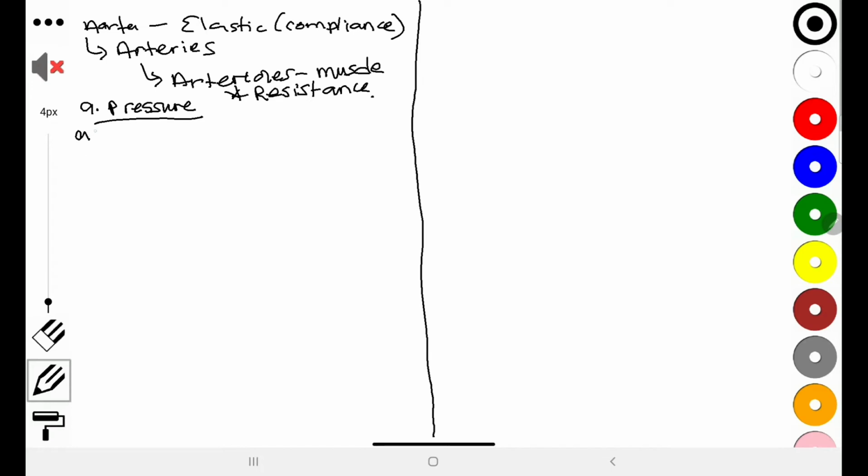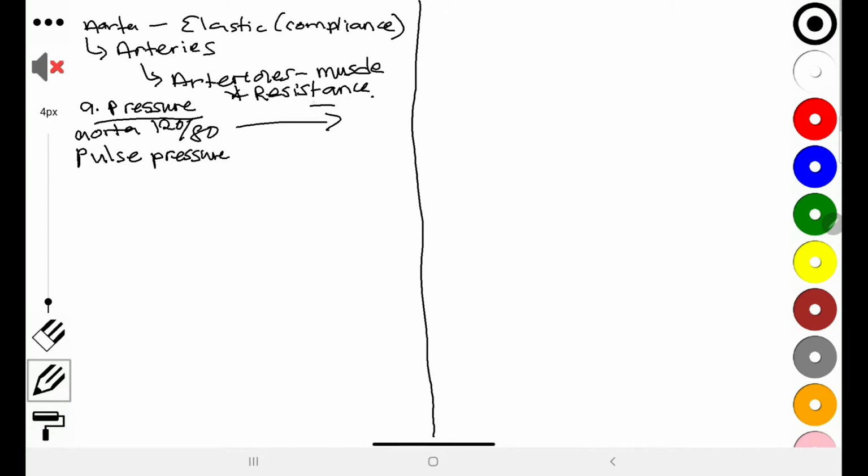We note that in the aorta we have 120/80 as the pressures there, and then as we go about in the arterial tree itself, we have what is known as the pulse pressure. So what happens is that we have a forward movement of blood.